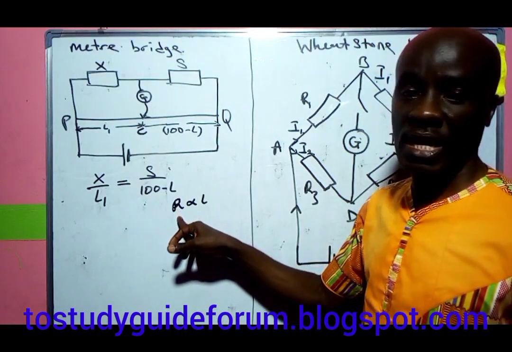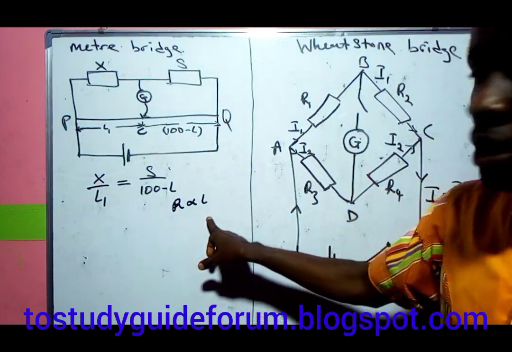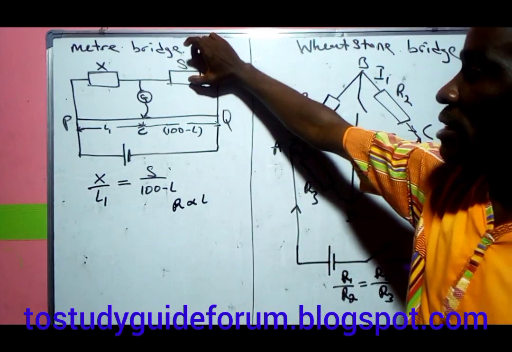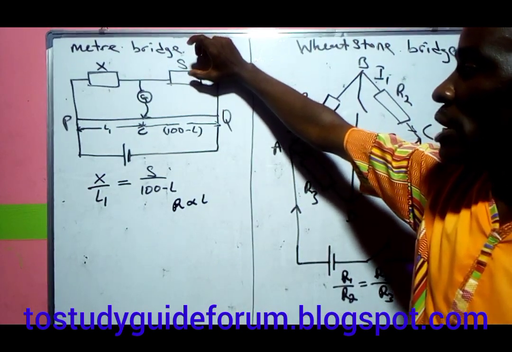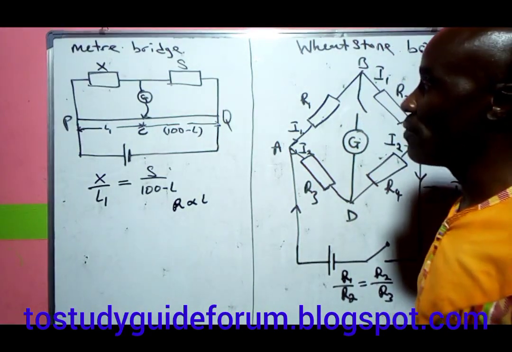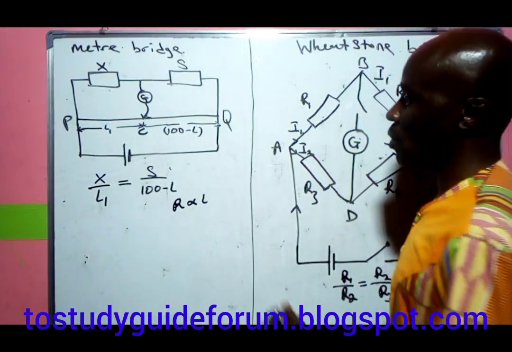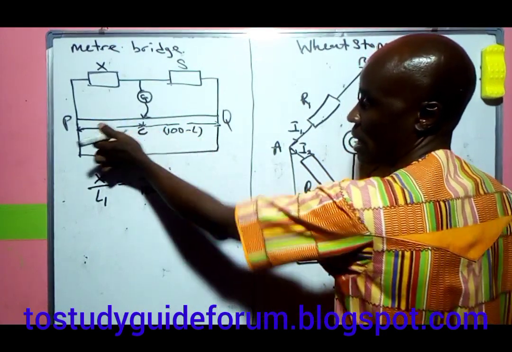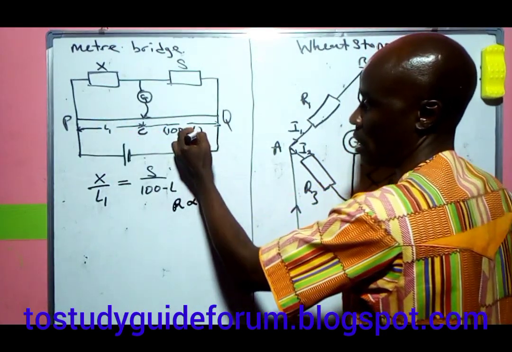Remember, resistance is directly proportional to length. In other words, the length equivalent to the standard resistor will then be 100 minus L, that is, 100 minus L1.